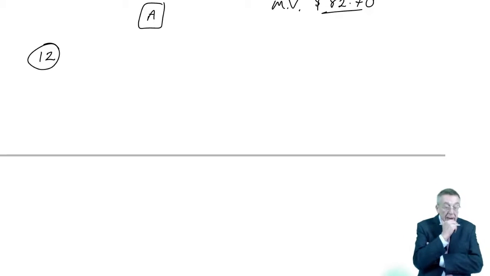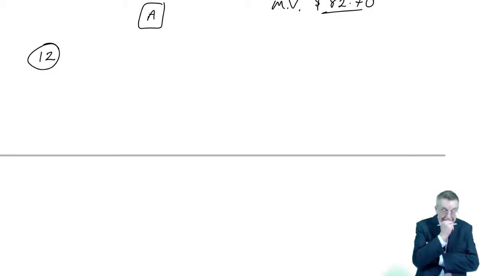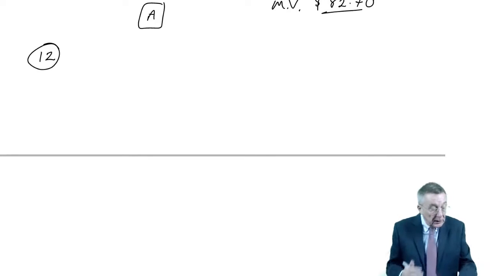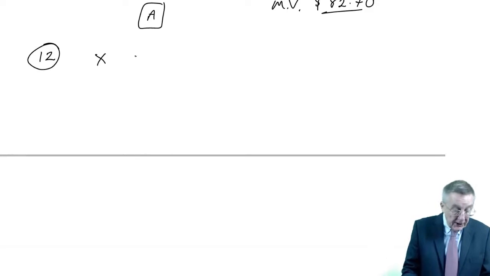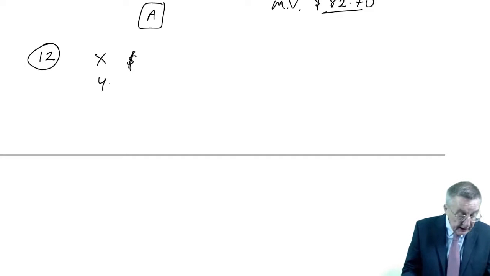According to the 4-way equivalence model, which of the following statements are true? And what are we told? Country X uses the dollar as its currency. Country Y uses the dinar.